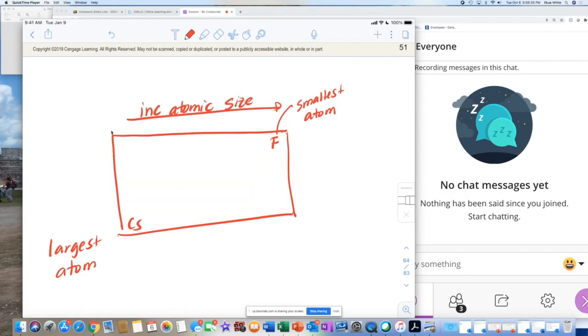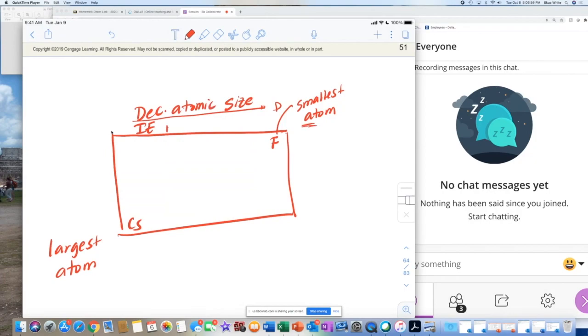So the ionization energy trend is opposite to atomic size. So what we do here is if atomic size increases to the right, then ionization energy, sorry, it's supposed to be decreasing. I did the opposite, right? Decreasing atomic size for this to be the smallest.